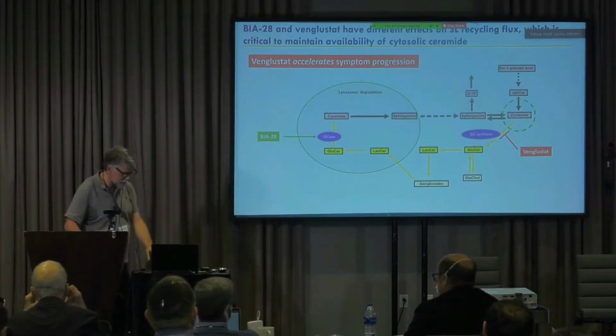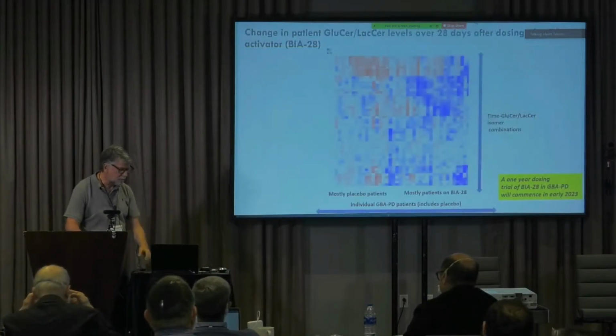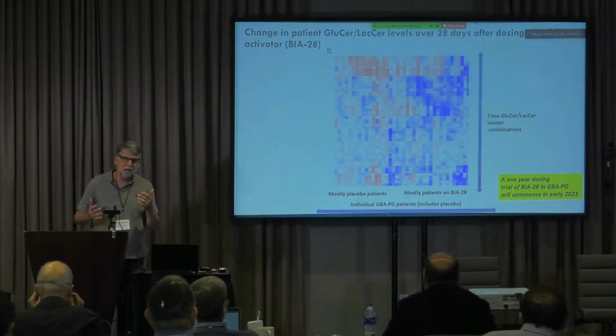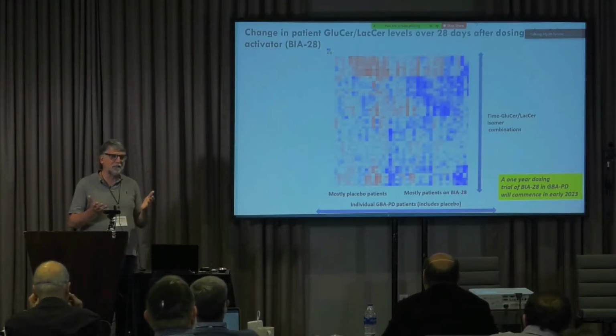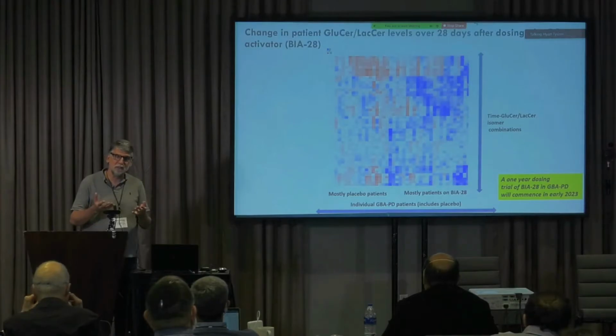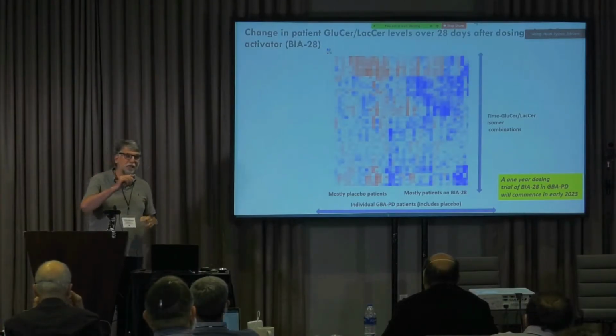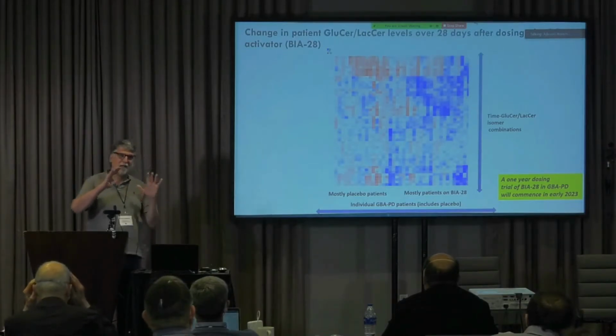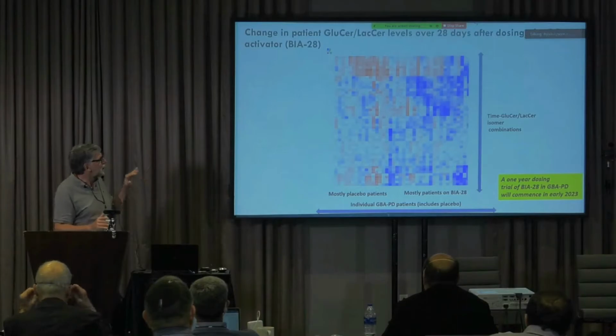The other piece I'm going to talk about more comes here. So when we first started, I told all our potential investors, we're going to monitor this drug in our first 1-month trial in GBA-PD patients by watching GlcCer be reduced and ceramide being increased over time. Of course, that didn't happen. This is what happened.